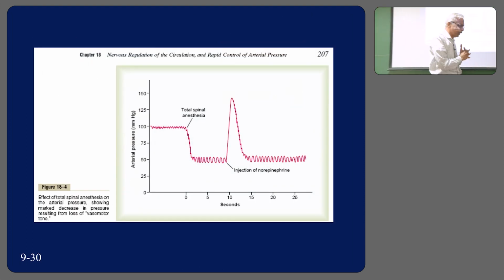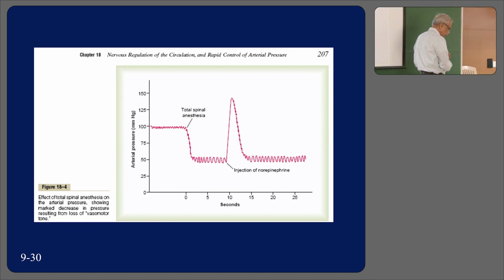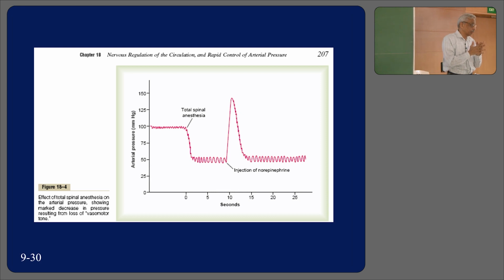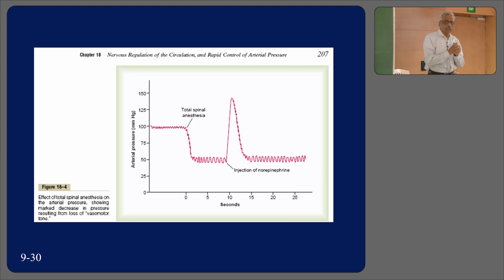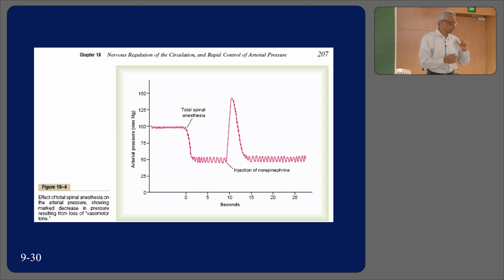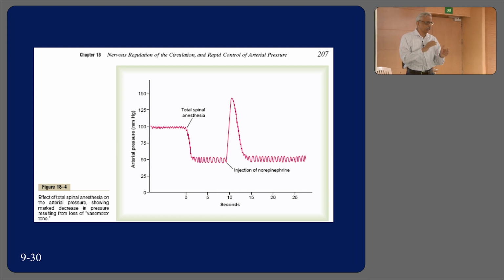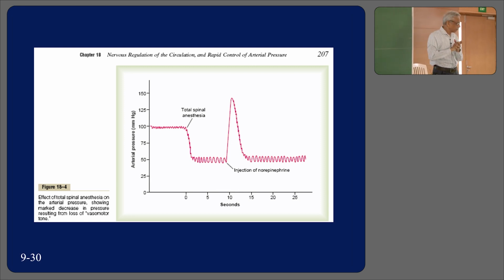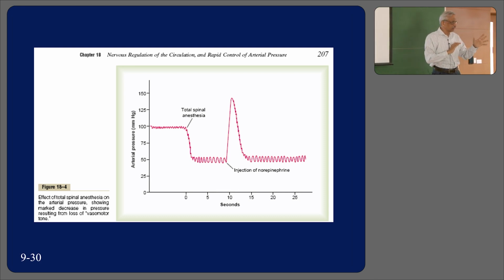I put this slide just to show the profound effect of what norepinephrine can do to your vascular system. Very simple. You take a dog, and before injection, make sure that you are monitoring the blood pressure, and you inject. And you find little change, not a great change.